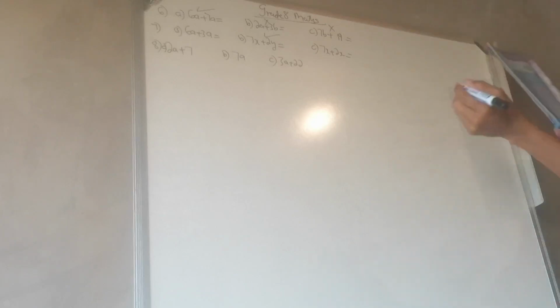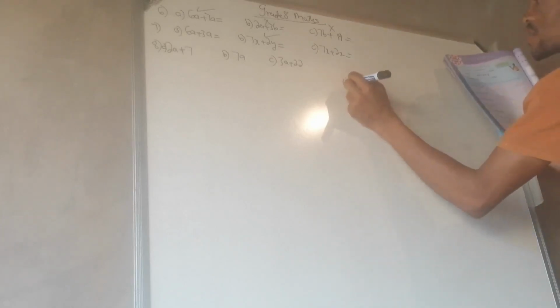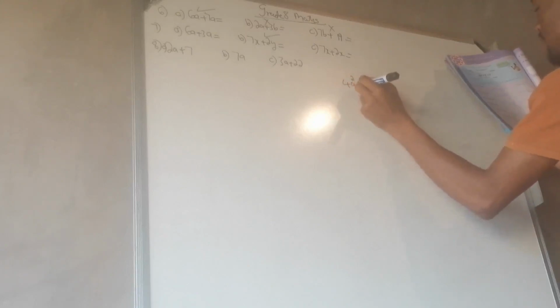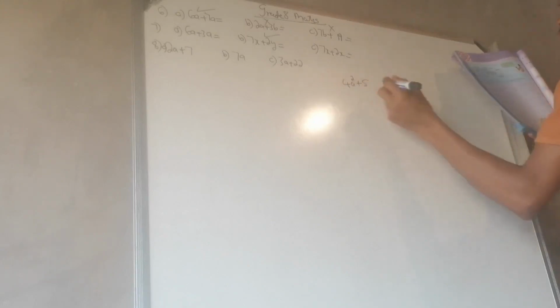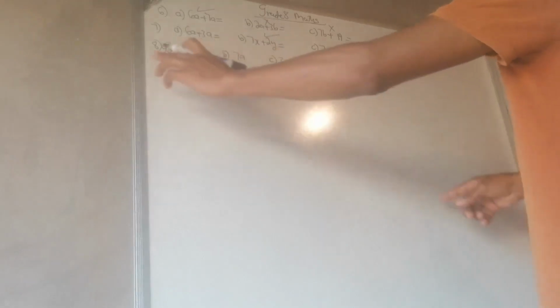An algebraic expression will be something like this: 4a squared plus 5. This is what we call an algebraic expression.